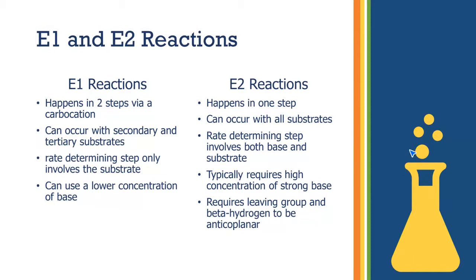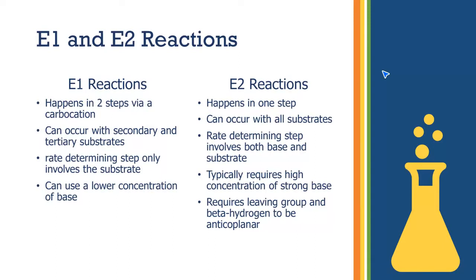Okay. E2 reactions happen in one step, similar to SN2. They can occur with all substrates, even tertiary. The rate determining step involves both the base and the substrate. The 2 in E2 reactions just means that the rate is second order, so it involves 2 molecules at the rate determining step.